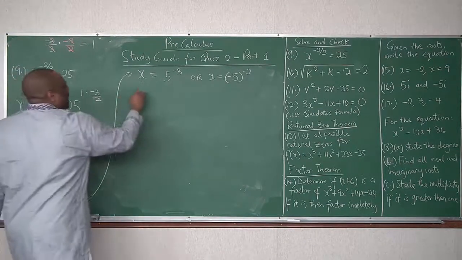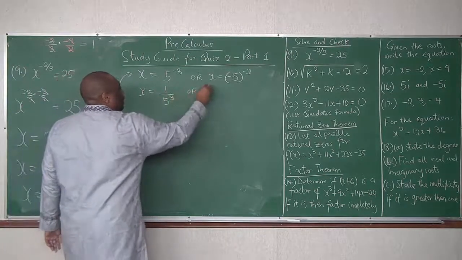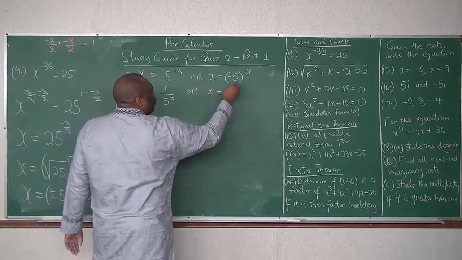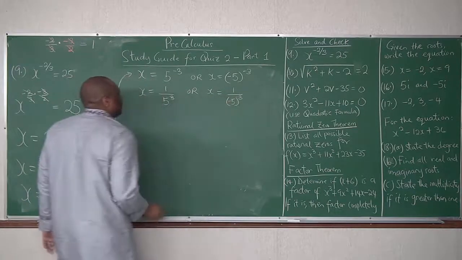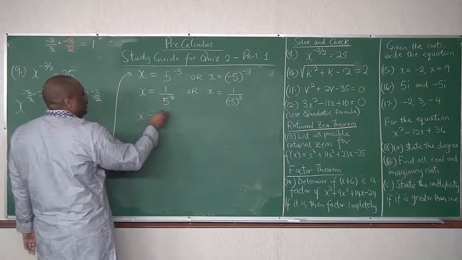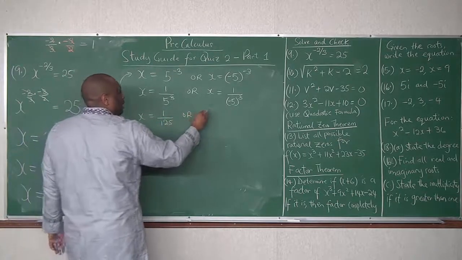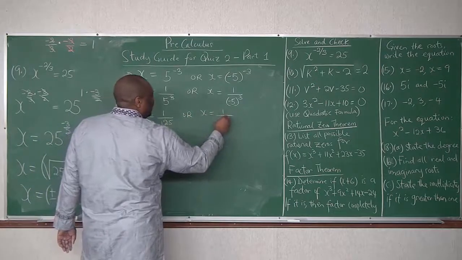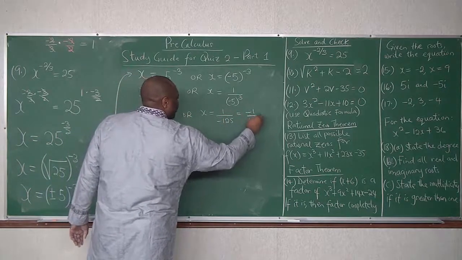So x equals 1 over 5 cubed or x equals 1 over negative 5 all cubed. So x will be 1 over 125 or x will be 1 over negative 125, which is negative 1 over 125.